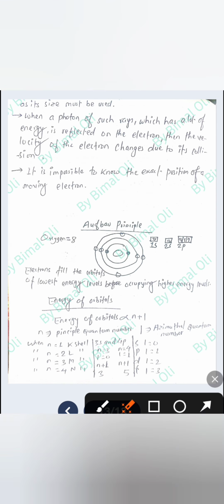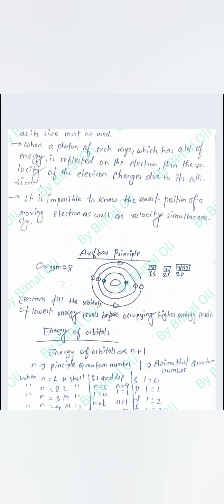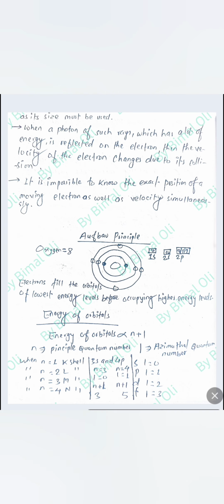Now, next point: when a photon of such rays, which has a lot of energy, is reflected on the electron, the velocity of the electron changes due to the collision. To know the position of a moving electron, we have to use a special type of microscope and high energy X-rays.